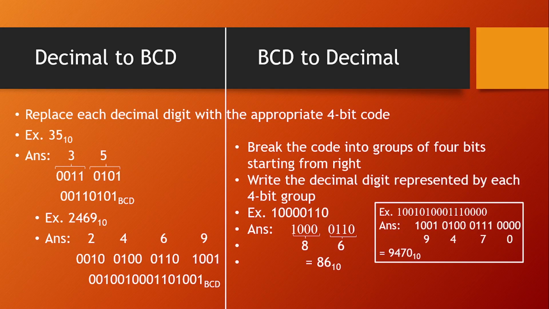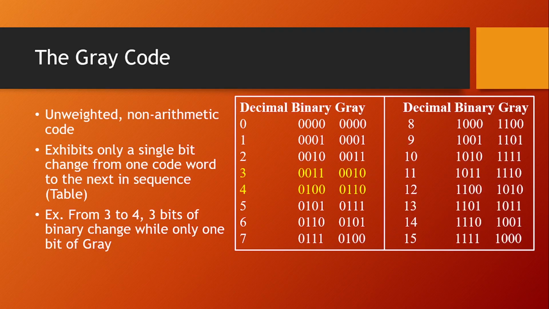So after knowing the BCD code, which is also known as the 8421 code, where each decimal digit from 0 to 9 is written as a 4-bit binary equivalent number.